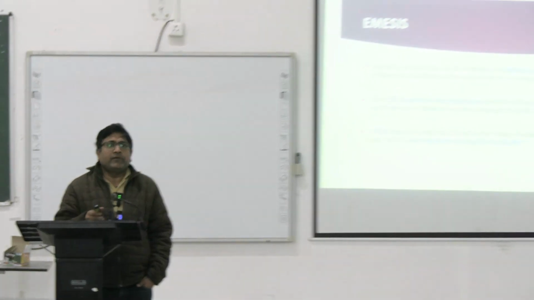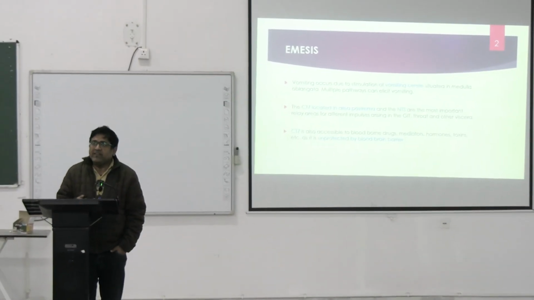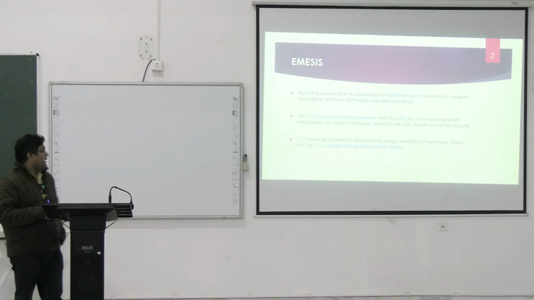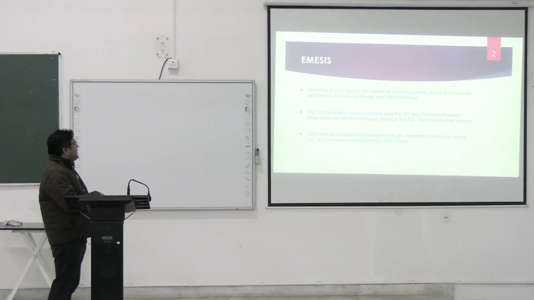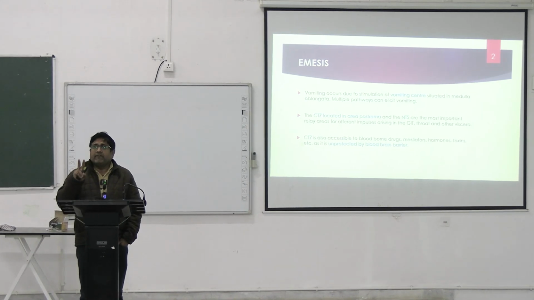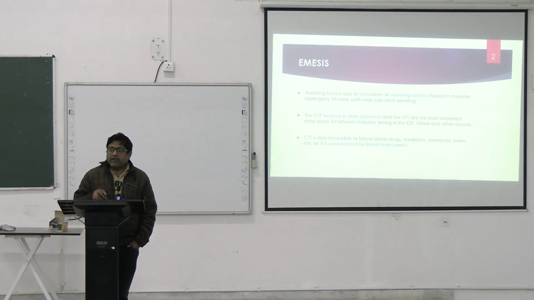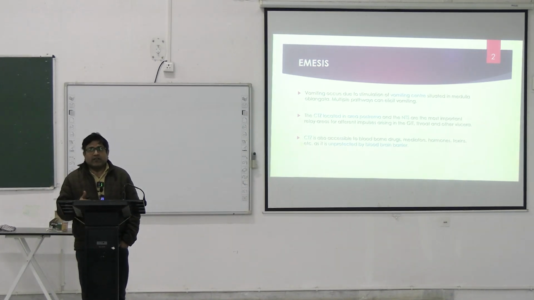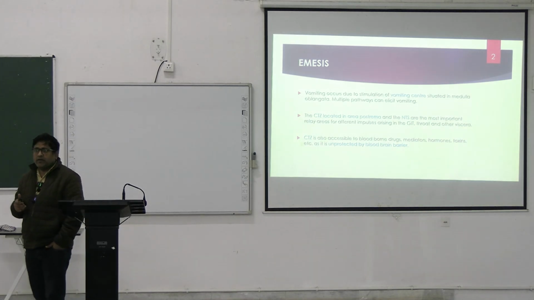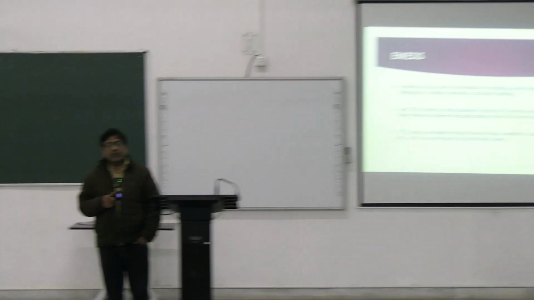Now, coming to emesis, vomiting is primarily caused by the vomiting center that is located in the medulla oblongata, and basically multiple pathways can elicit vomiting. There are two major relay centers for causing vomiting. Number one is the chemoreceptor trigger zone, located in the area postrema, and the nucleus of tractus solitarius.